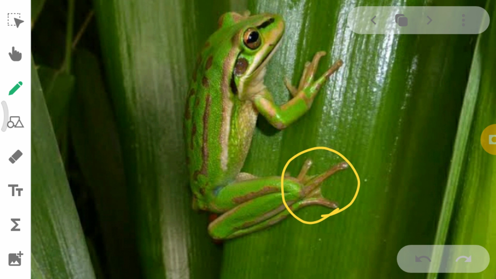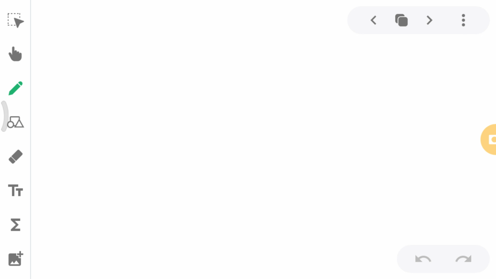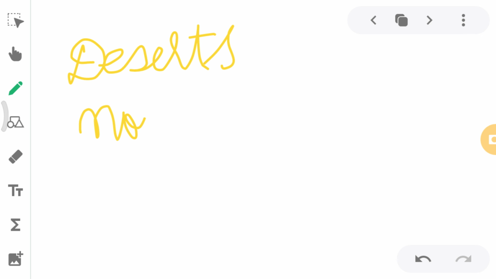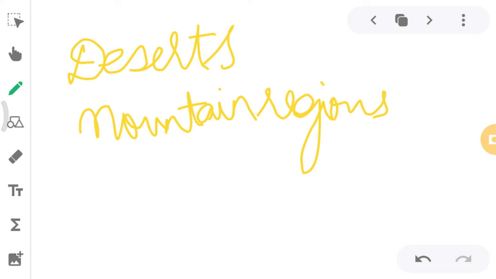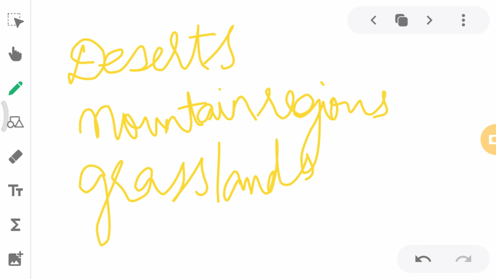Now we have gone through a special journey through the terrestrial habitats, that is deserts, then mountain regions, grasslands, and also we have learned about the oceans.